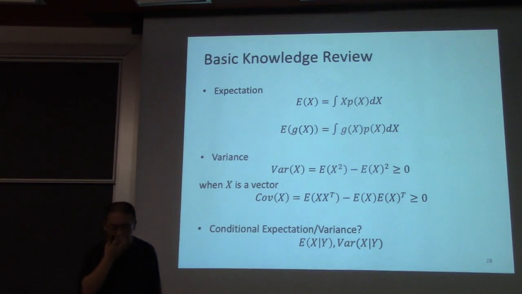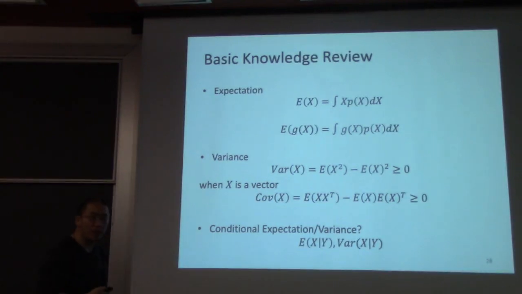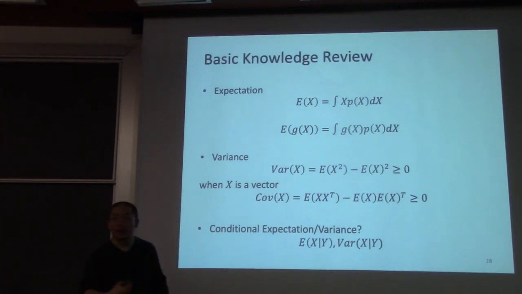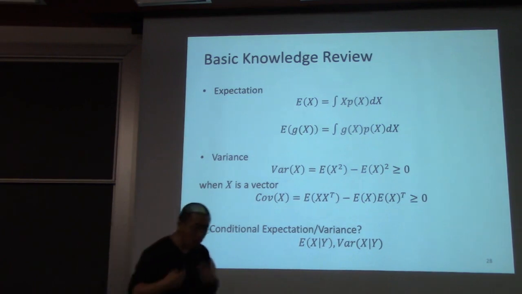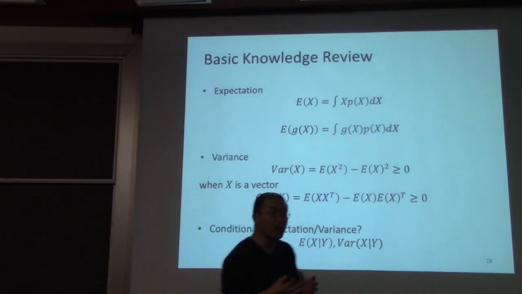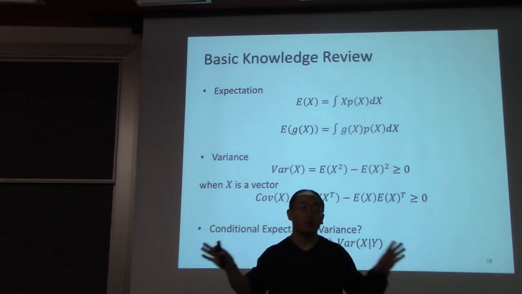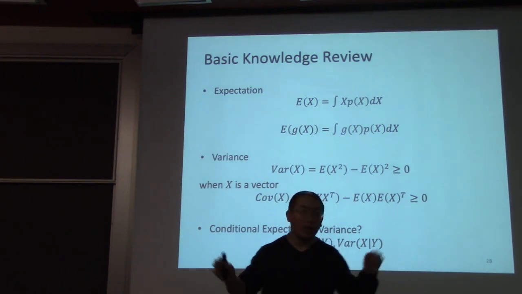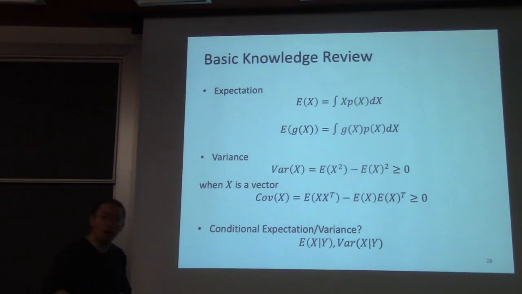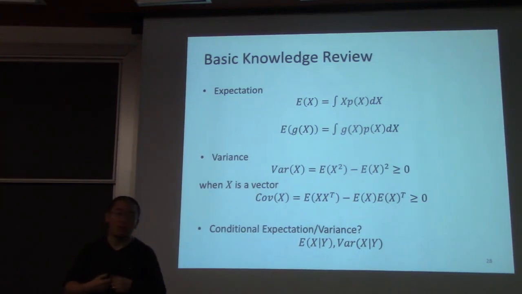But you should be aware there is a difference here. Is a conditional expectation a constant or a random variable? We know that if I have a random variable, when I compute the expectation, it's a constant, because there's no randomness in the expectation. But now, if I condition on some random variable and then compute the expectation, does this conditional expectation have randomness?